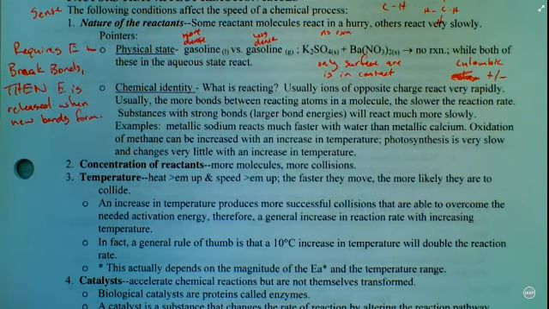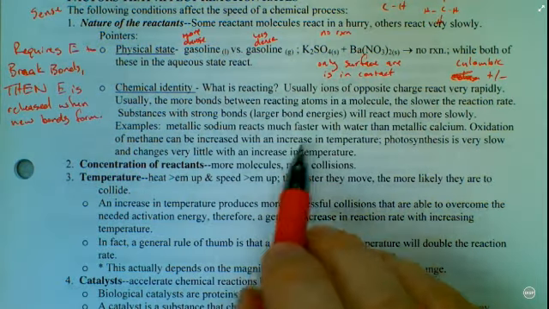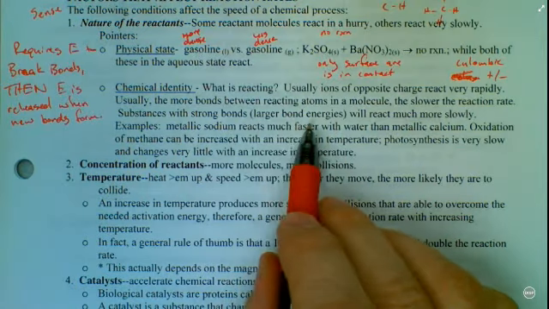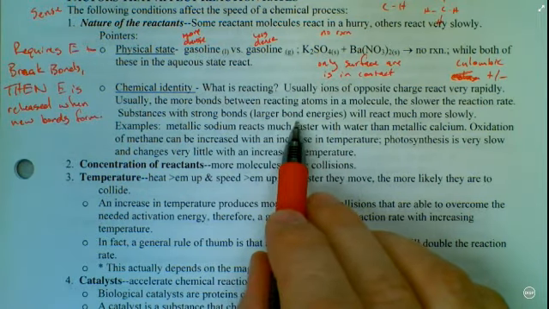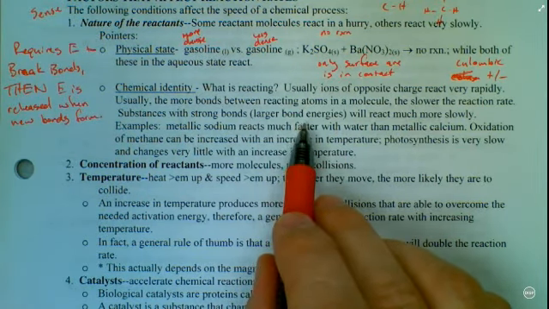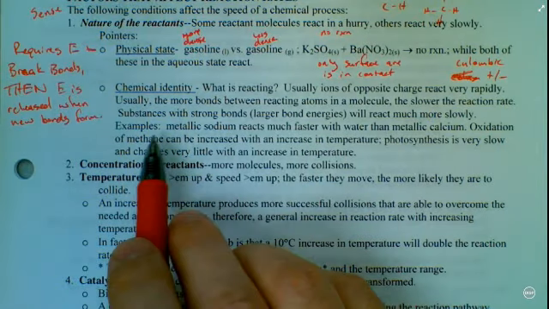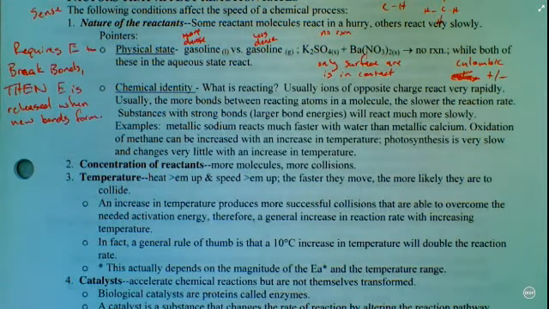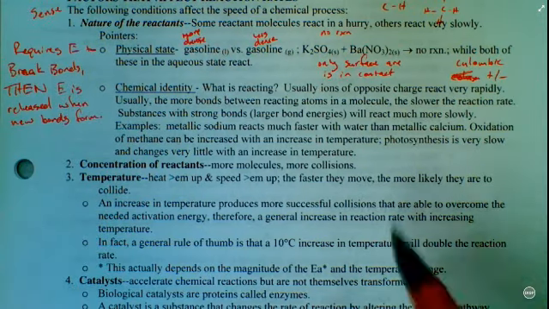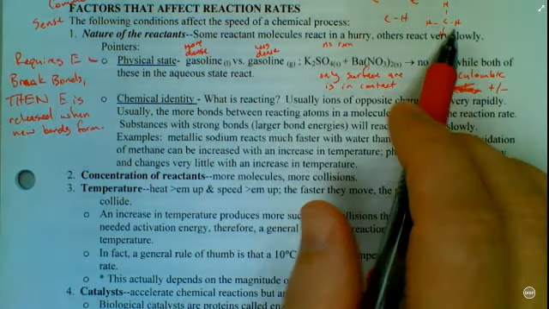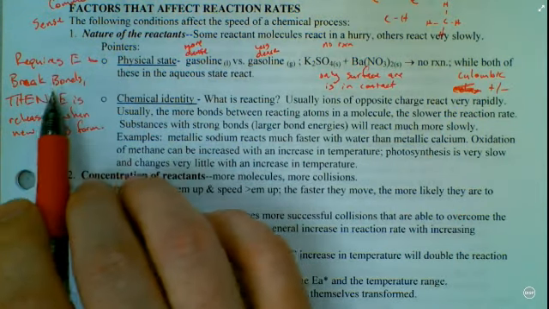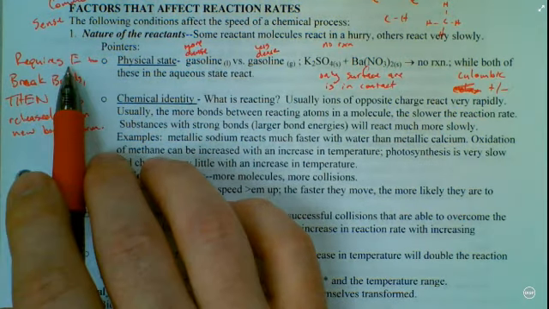Substances with strong bonds, meaning large bond energies. Remember from Chem, bond energy is one of the things that we use to measure the strength of a covalent bond. Substances with strong bond energies, large bond energies will react more slowly. Why? Same idea over here. We have to break all these bonds, and breaking each bond requires more energy.